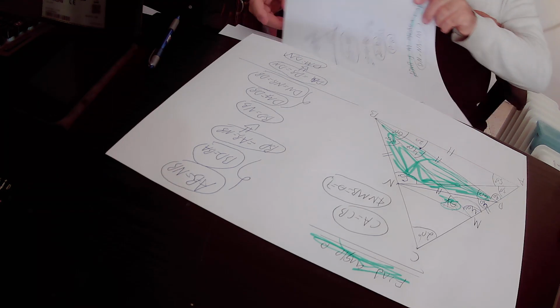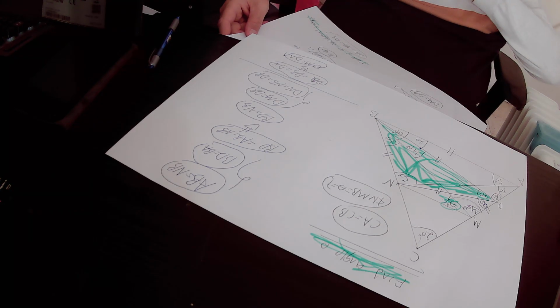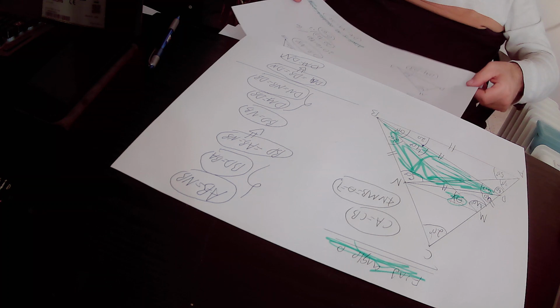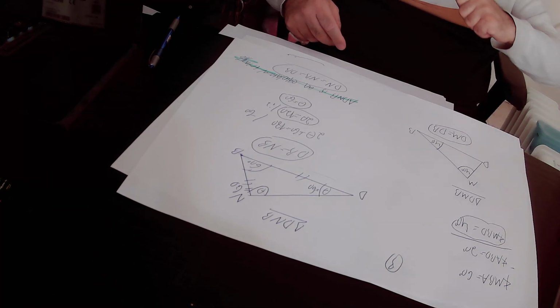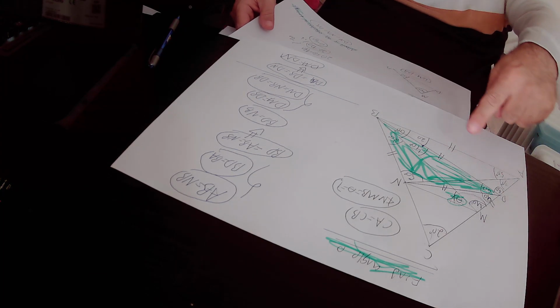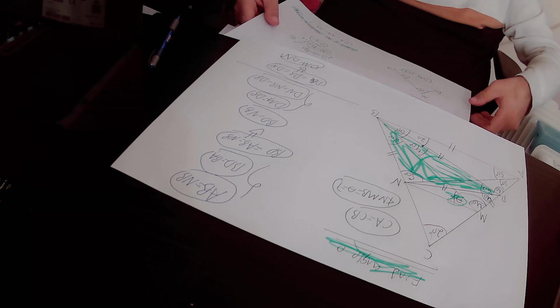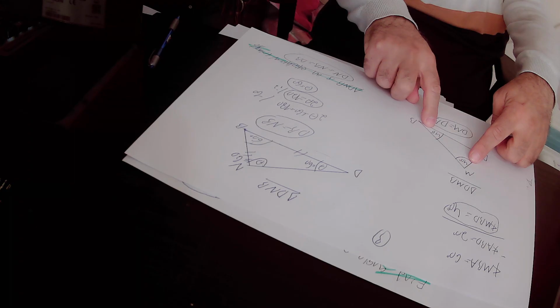Then we focus on triangle DMB, so I copy triangle DMB onto a new page and we analyze this. This is triangle DMB that I copied from the original drawing. Angle DMB equals 40 degrees, and we just found that angle MBD also equals 40 degrees. So those two angles are both equal to 40 degrees, therefore they are equal to each other.